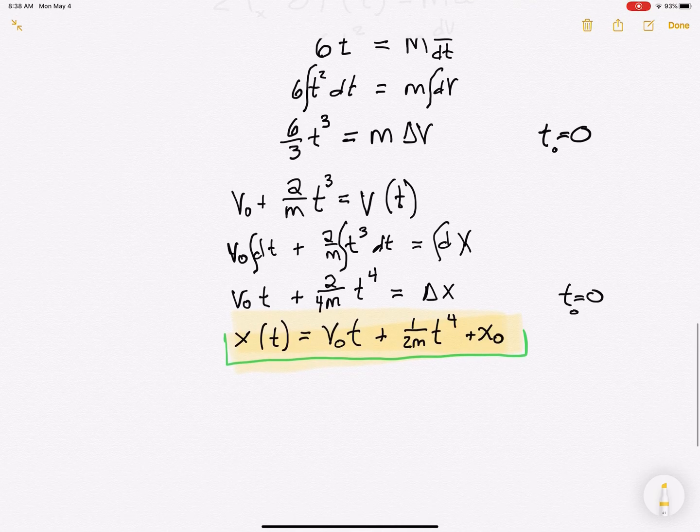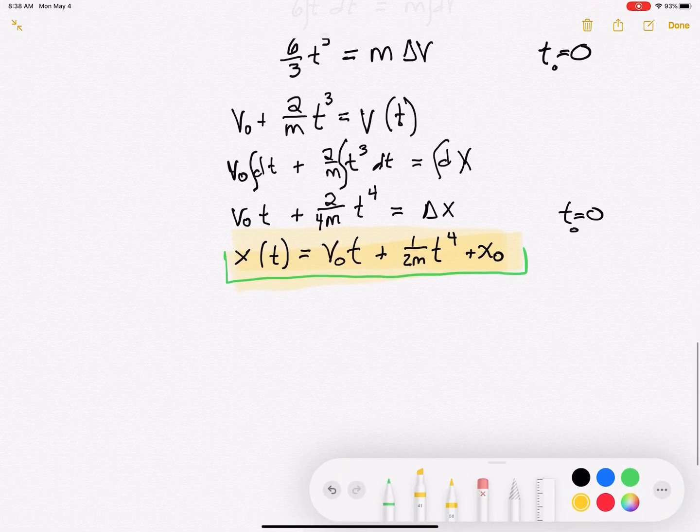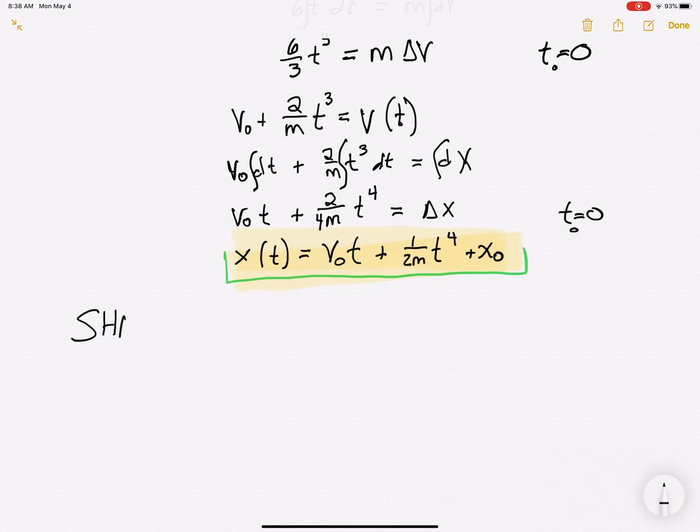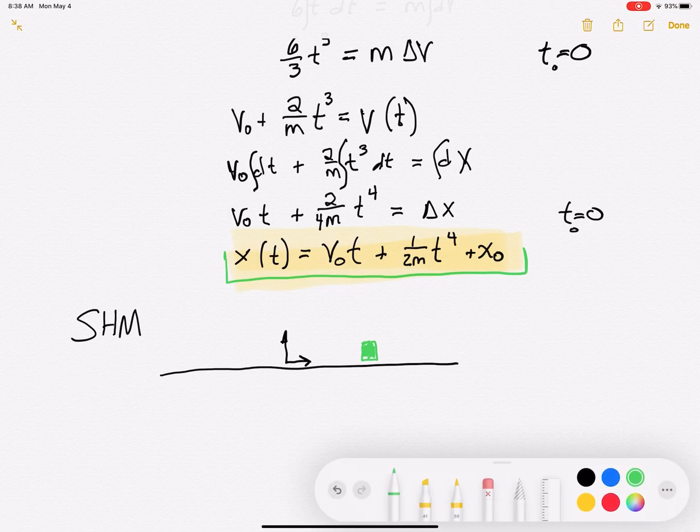So when it comes to simple harmonic motion, all you are doing is saying that I've got the flat surface, my axes, the mass, and then a spring.